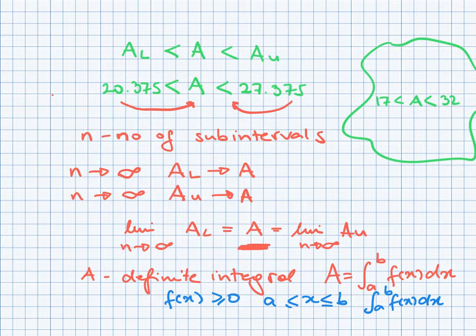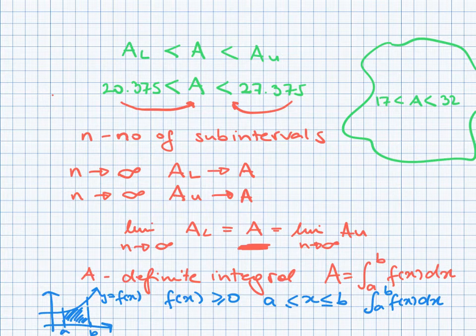So let's have a small picture here. If this is a, this is b, this is your function, y equals f of x, and this is the area under the curve.